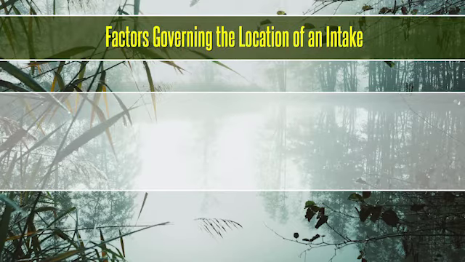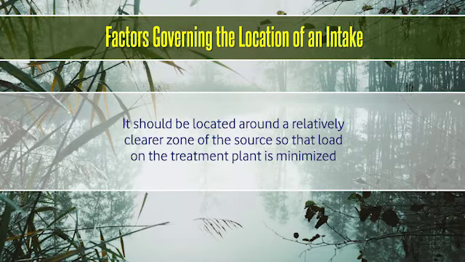Factors governing the location of an intake. The intake is to be located as near as possible to the treatment plants so that the cost of conveying water to the treatment plant is minimized. It should be located around a relatively clear zone of the source so that the load on the treatment plant is minimized.